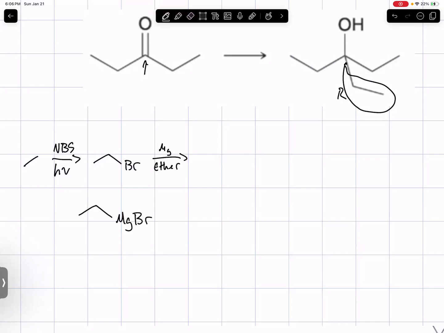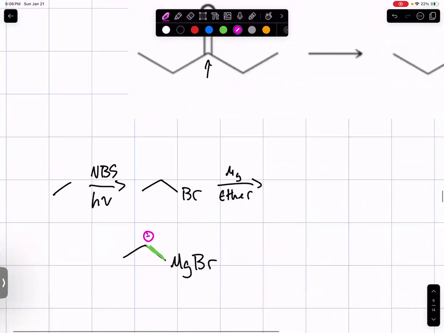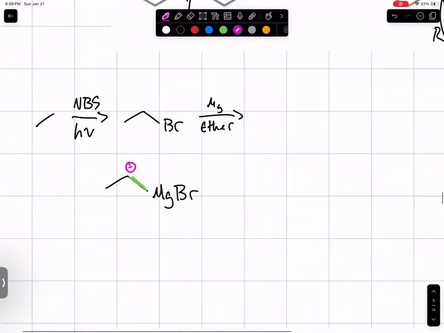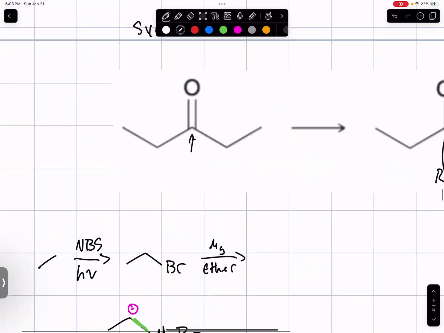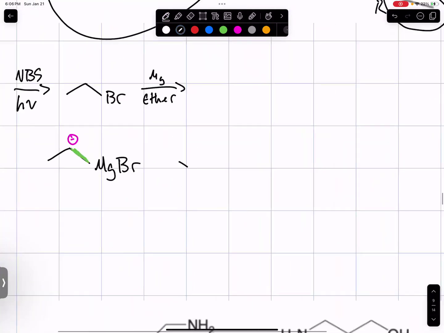This Grignard reagent, as we've said before, polarizes this bond in green, and it acts as if this carbon connected to the Grignard was acting like a carbanion, like a good nucleophile. And so let's say we take this Grignard reagent and we react it with our starting substrate, our starting carbonyl.